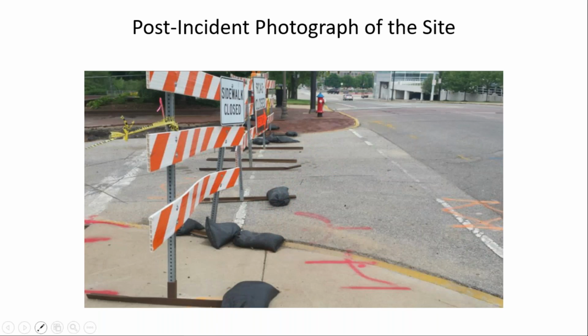What was going on here was, you can see a side street here, and all of this is in the downtown business district of this city. This side street here is closed, obviously, with the barricades for some streetscape work, and also the sidewalk was closed.